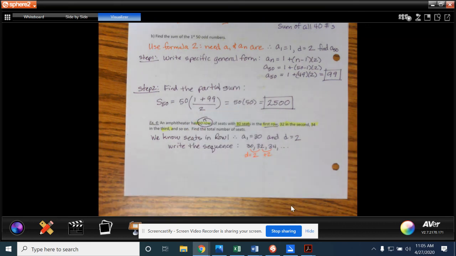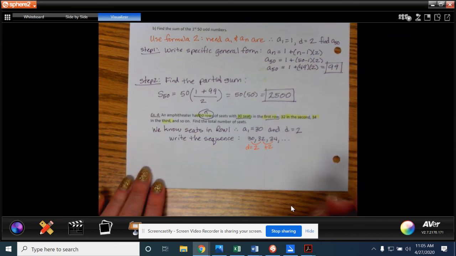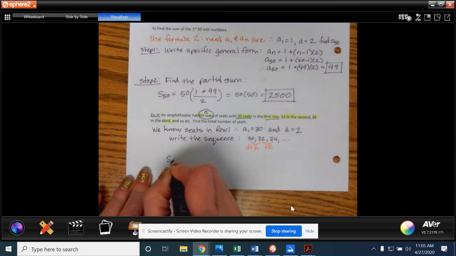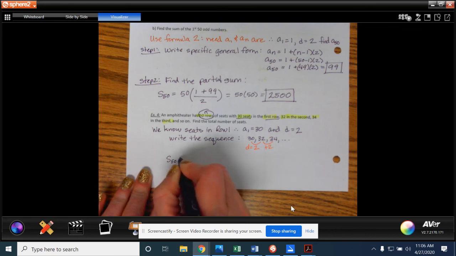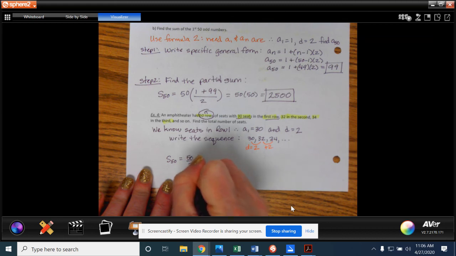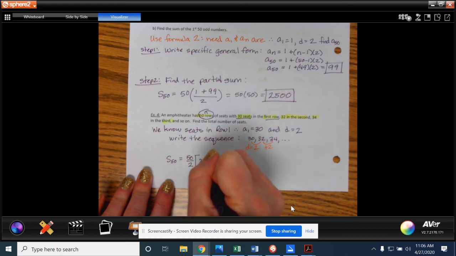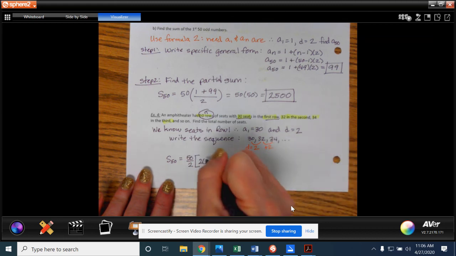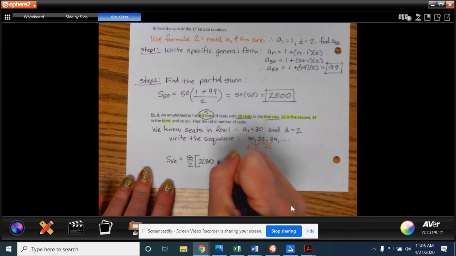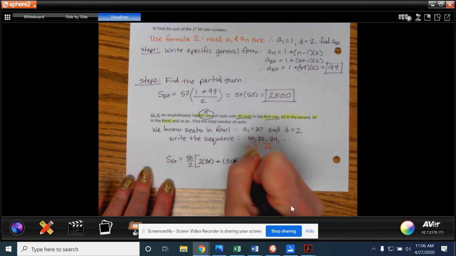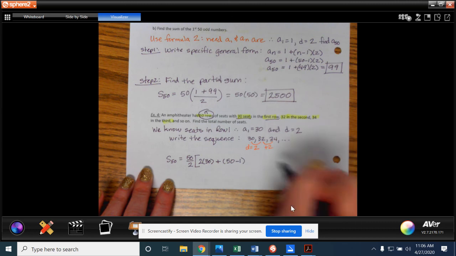So I know my n, I know my a of 1, and I know my d. So I would use Formula 1. S of 50, the 50 rows, is going to be n, which is 50, divided by 2 times a of 1, 30, plus n is 50 again, minus 1 times d, which is 2.